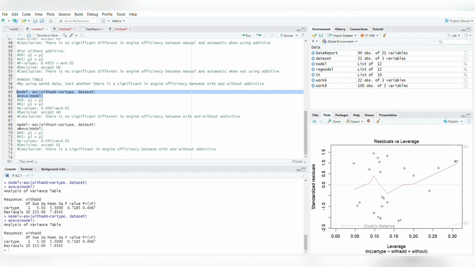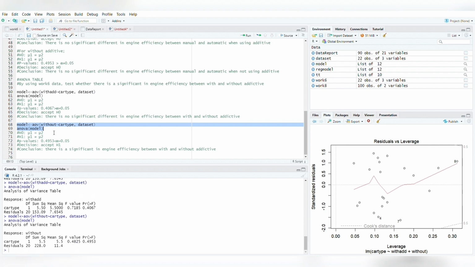So next, we run the ANOVA table for without additive. So this is the code of how to run, and this is the result, 0.4953.